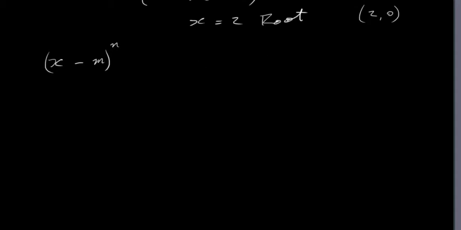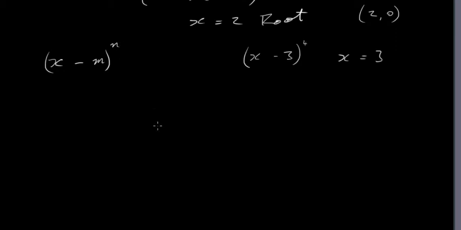For example, it could be x minus 3, and it might occur 4 times. So x is equal to 3 would be a root, and that has multiplicity 4.